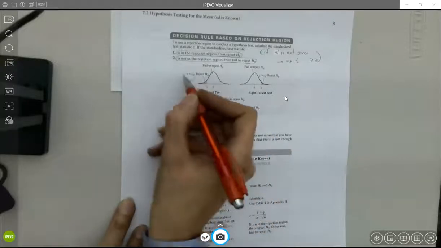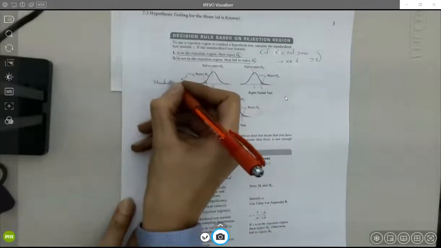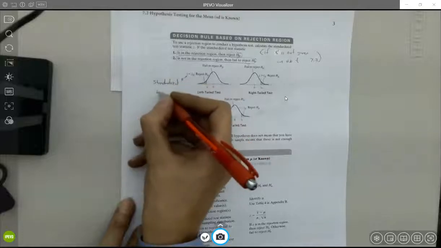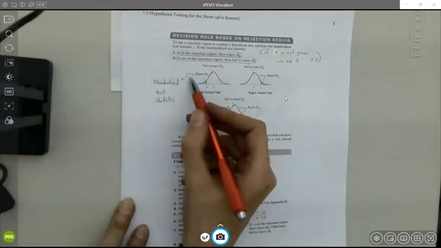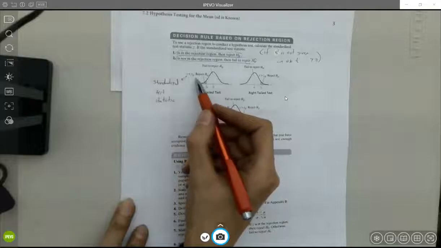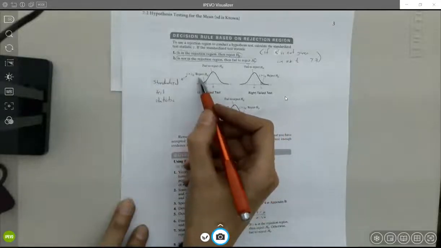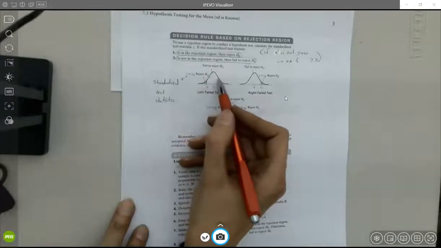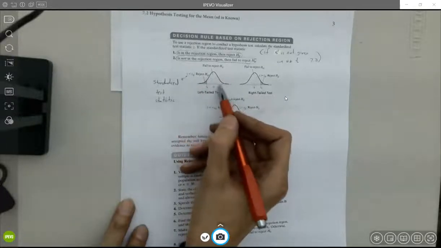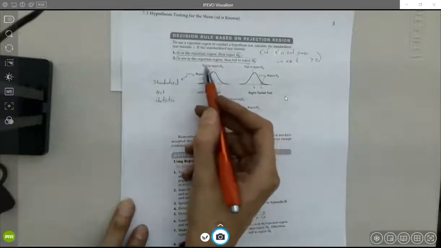If the standardized test statistic is less than your critical value, then we reject the null hypothesis. If not, if that z is inside this region, the white part, you fail to reject the null hypothesis.